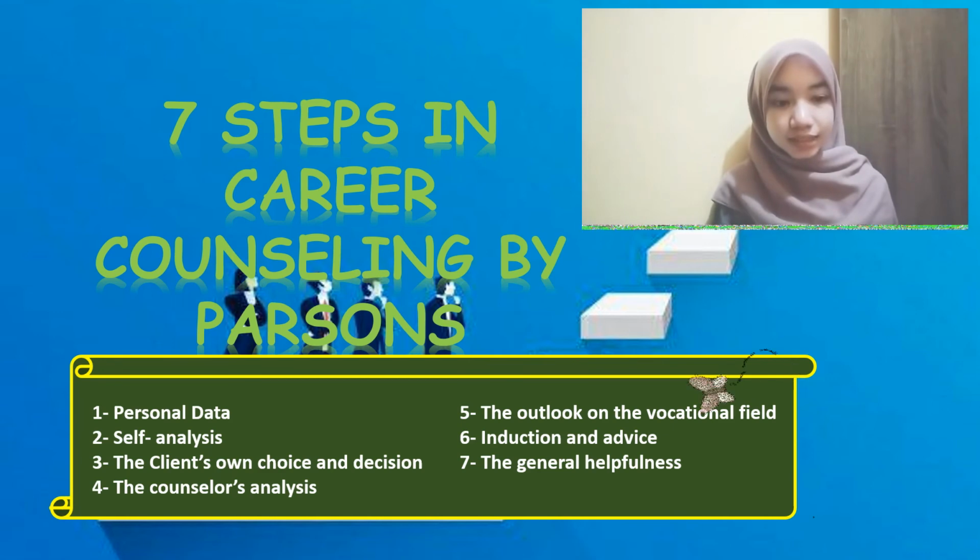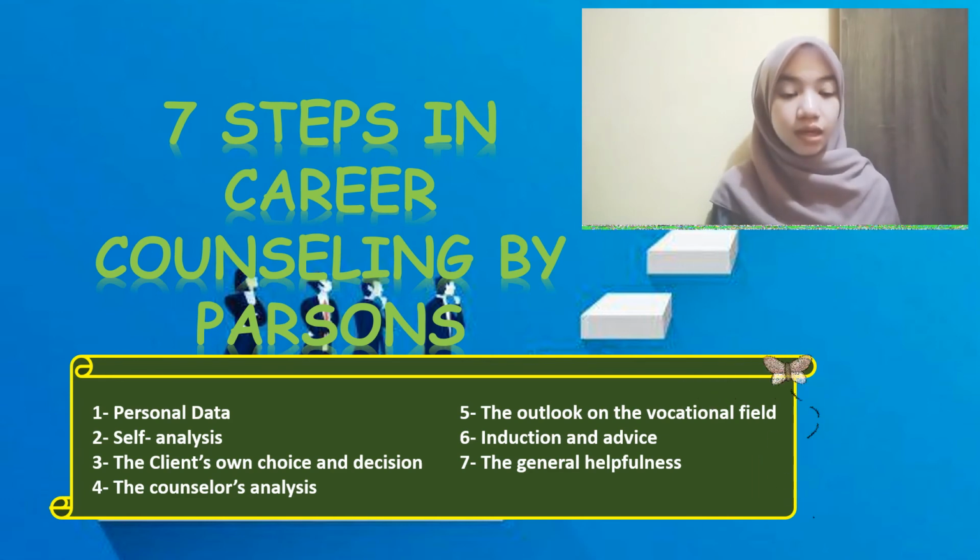Next is analysis. The counselor tests the client's decision to see if it is in line with the main quest. Stage 5 is outlook on the vocational field. The counselor should be familiar with industrial knowledge such as lists and classifications of industries.